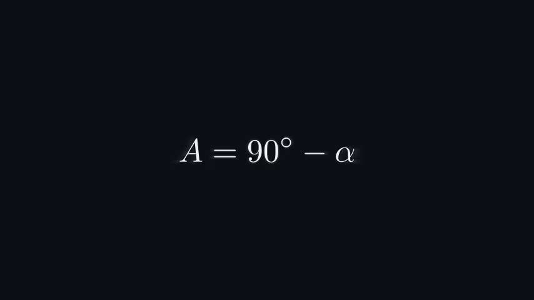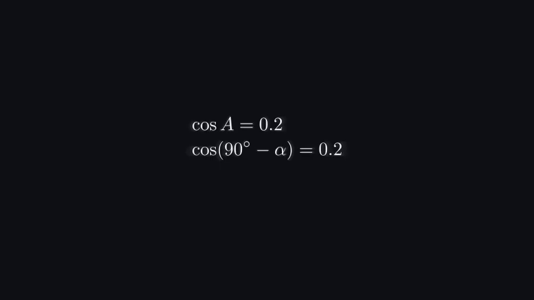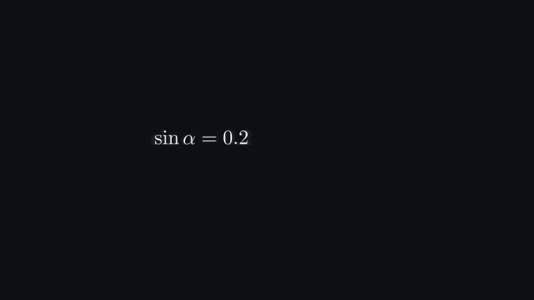So, sin of alpha equals 0.2. Sin of alpha approximately equals alpha, approximately 0.2 radians.